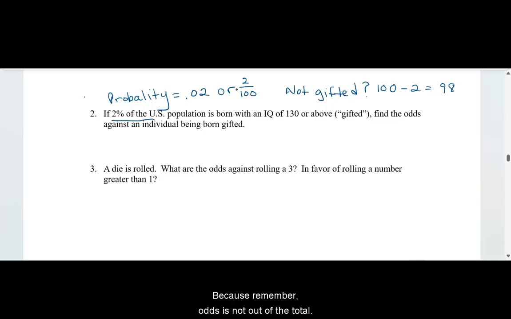Why am I doing this? Because remember, odds is not out of the total. You are splitting the total. So now I have my 2 right here. That's for gifted. And 98, which is the non-gifted. So when we're looking at the odds against an individual being born gifted, that means I put how many are not gifted first.